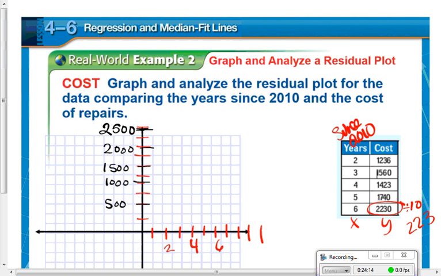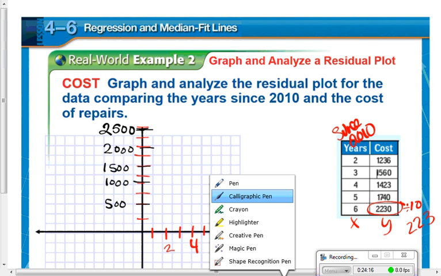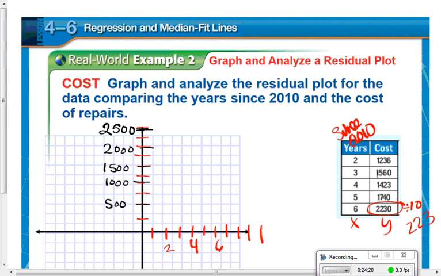So now we can put our little points on there from our table. And I've got 2, 1236, about right here, more or less. I've got 3, 1560. Again, if you ever catch an error that I do, please bring it in. Probably get extra credit. 4, 1423, a little bit lower, right?